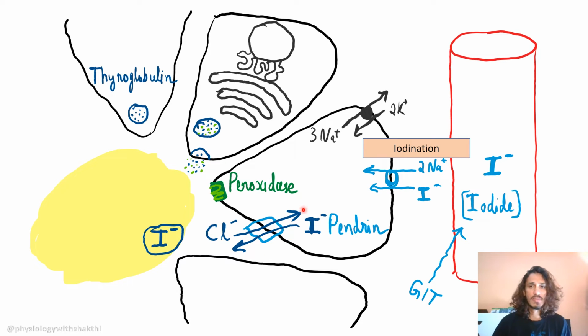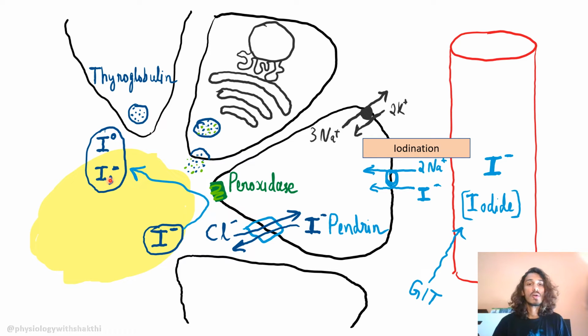You already saw how through Pendrin, iodide has come into the fluid, and this will now be acted upon by your peroxidase. This will convert it into your oxidized iodide and your nascent iodine. For this, you require H2O2, peroxide.